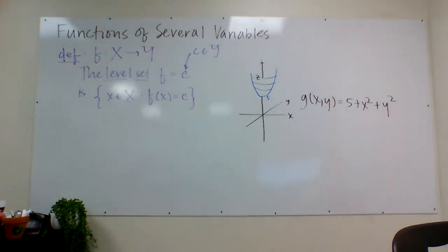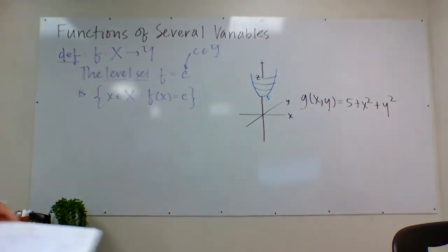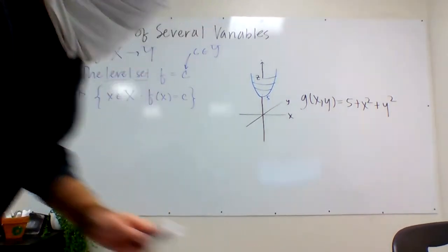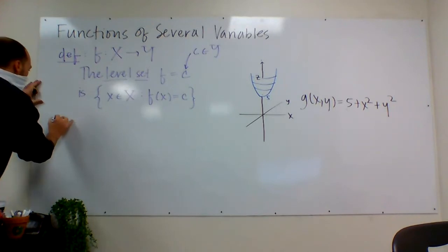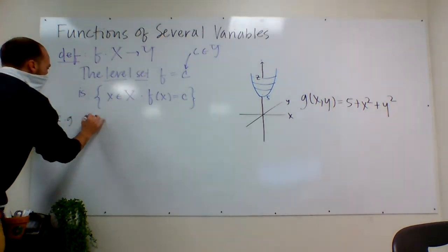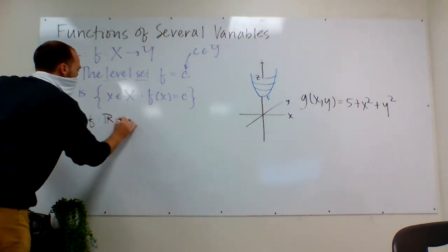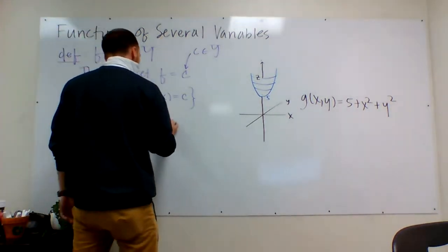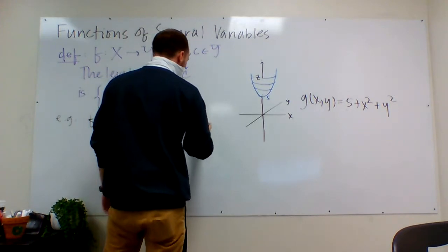Okay, so let's take it back to algebra 1, right? I'd like to do that. For example, let f be a function that takes in real numbers and gives you back real numbers. It's one we like to talk about a lot: f of x equals x squared.